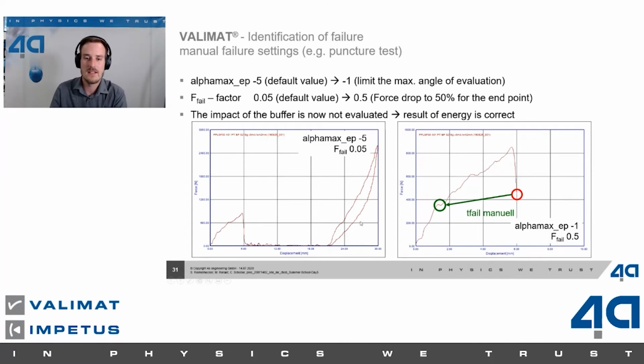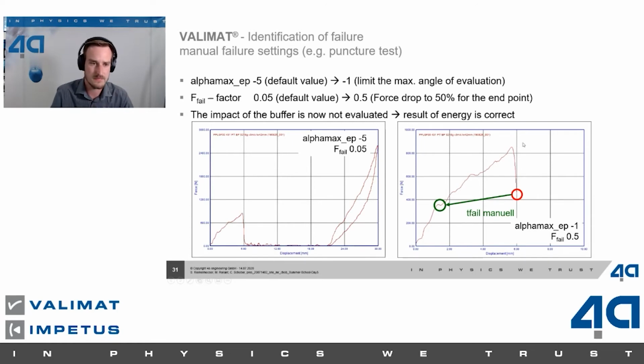And there are several opportunities to fix this problem, so that we get the right curve, what we see here on the right side, which we really want to have to evaluate the test correctly. Afterwards I will show you in the software live how we can change from the left result to the right.